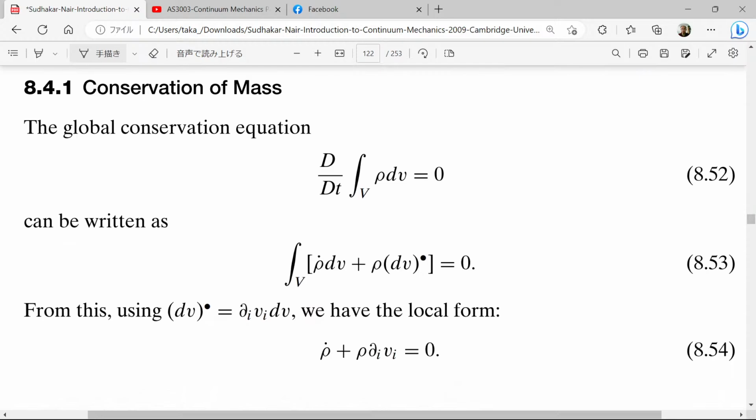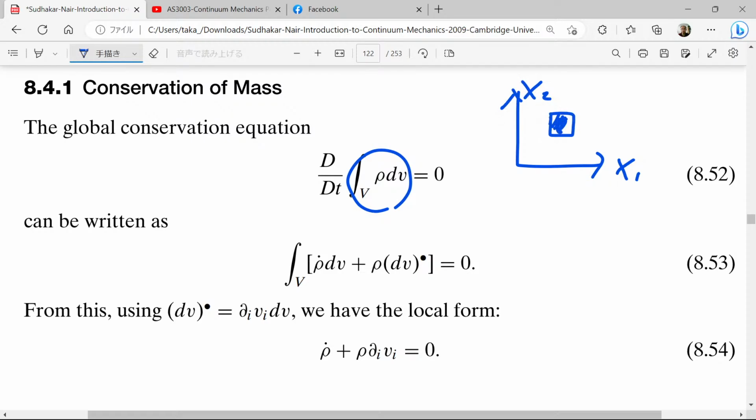Conservation of mass, the global conservation equation. So this is something like this. Everything moves with time. If you go back to the material coordinate, you have something here.